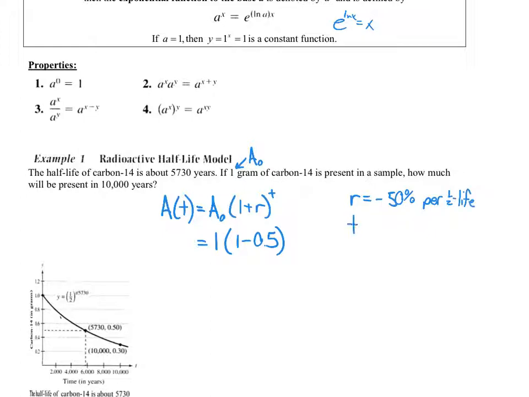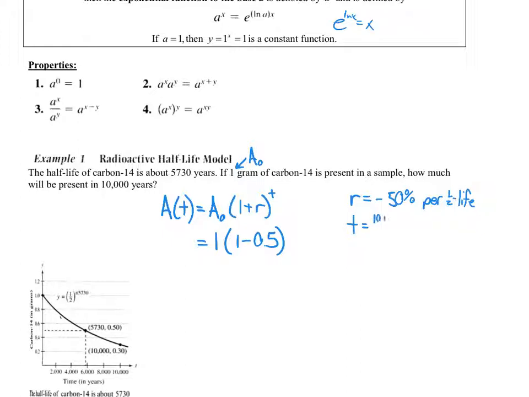Okay? So our time needs to equal half-lives. We need to match the units, okay? So if we have 10,000 years and the half-life is 5,730 years per half-life, we need to divide 10,000 by 5,730.